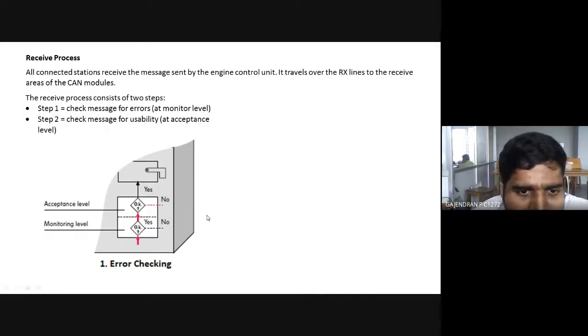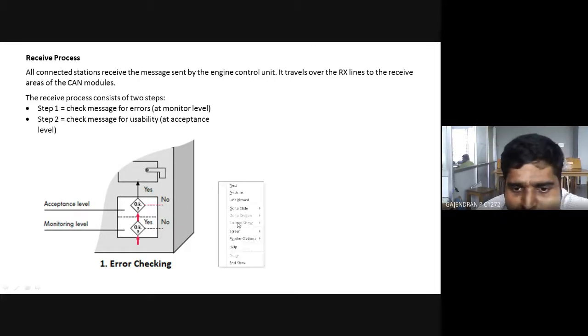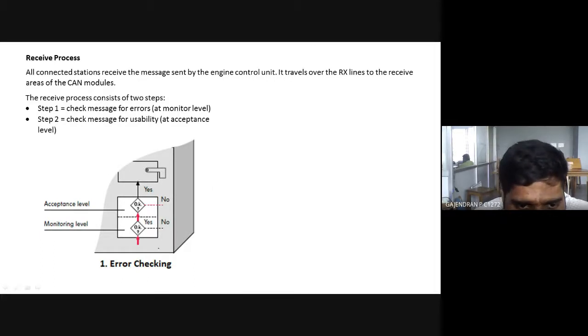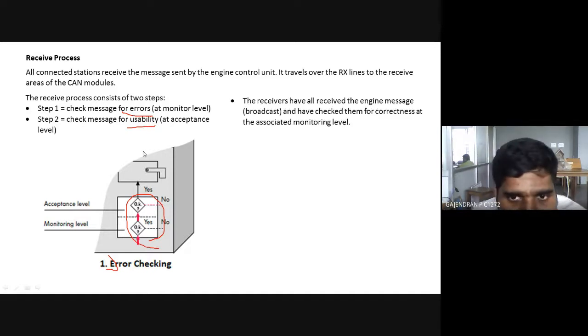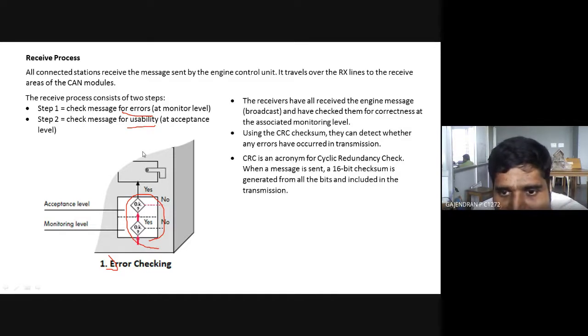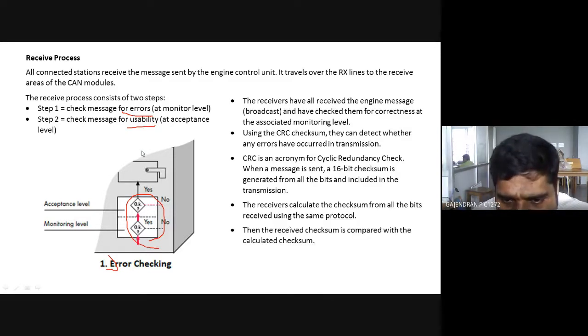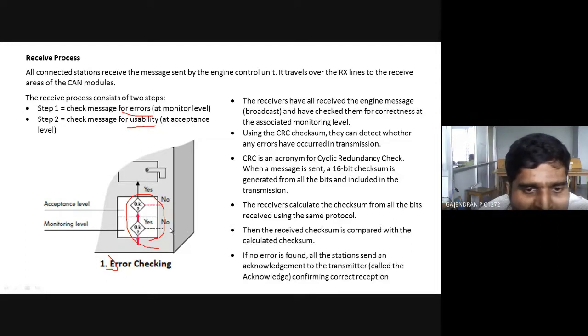Is this information usable for me or not? You will do two levels of checking while you receive. You need to check for error, then check for usability. If both of these pass, then we will receive the information.